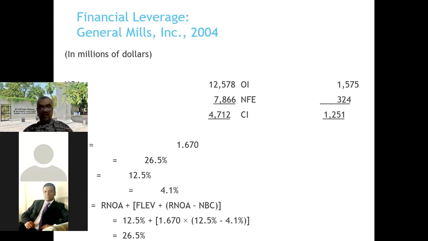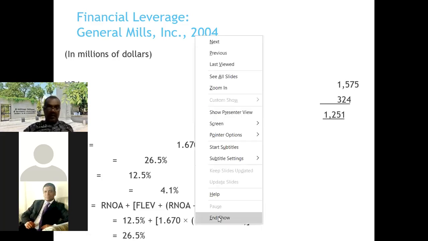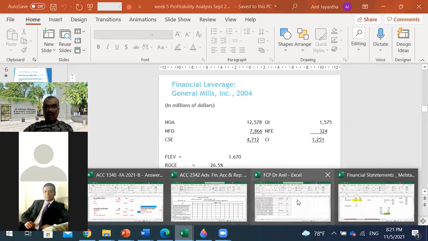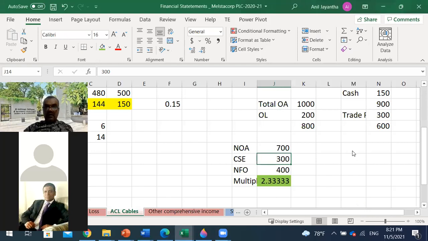It should be, I need to check it. Calculate the return on net operating assets. How do you calculate it? Operating income divided by net operating assets. What is the answer? Right.